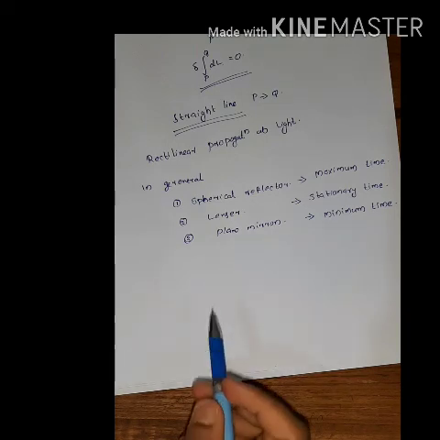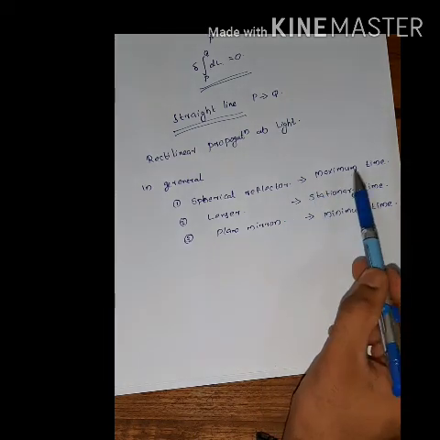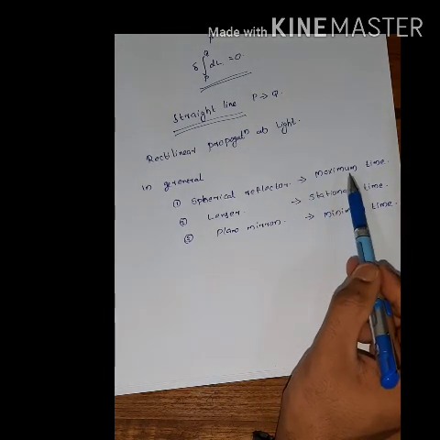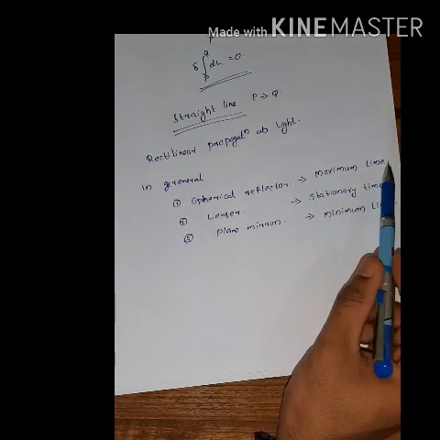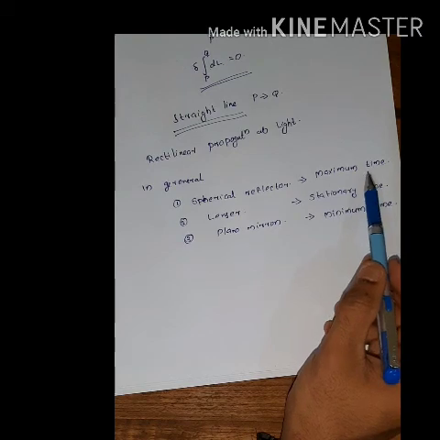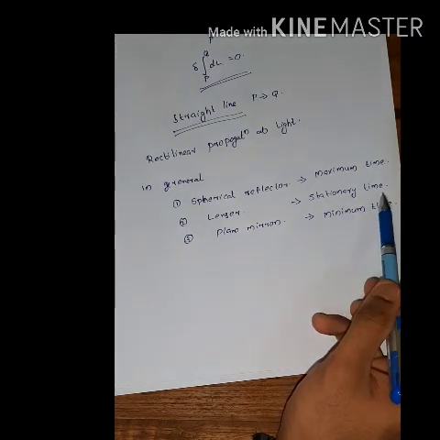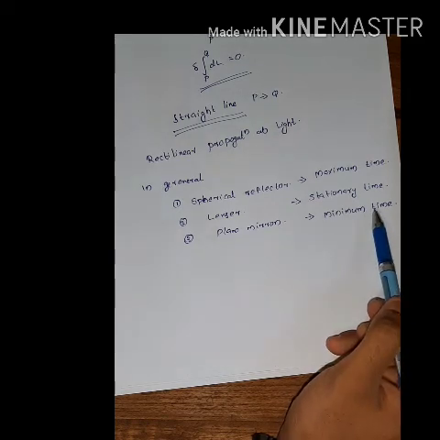So the property of spherical reflectors is that for whichever path it chooses, the time taken is a stationary value, which will be the maximum compared to other values. Lenses choose a stationary time and a plane mirror chooses a minimum time.